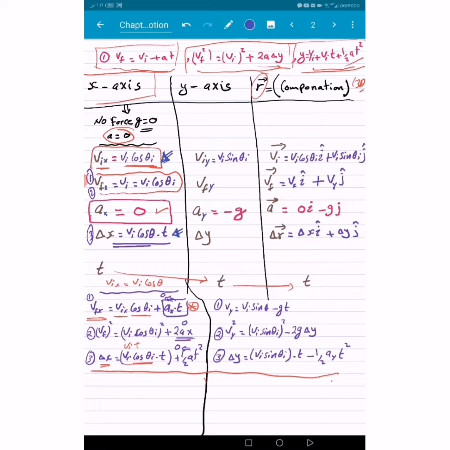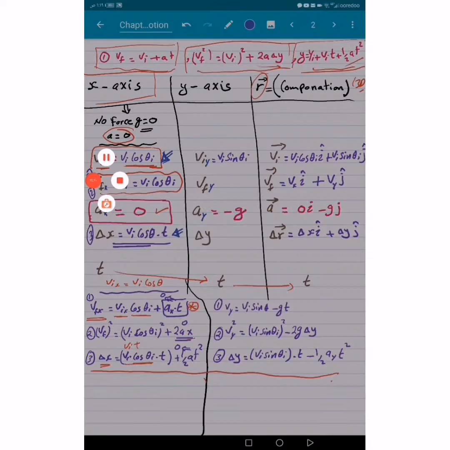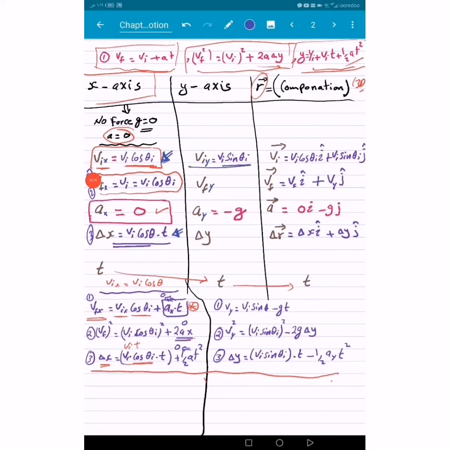So that is part 1. Part 2 is the y-axis. In y, V initial y is equal to V initial sine theta, that we mentioned in the first equation. Then apply these 3 equations.